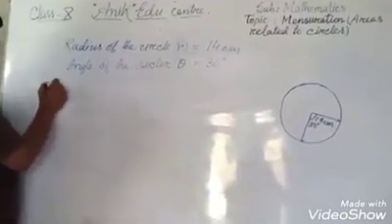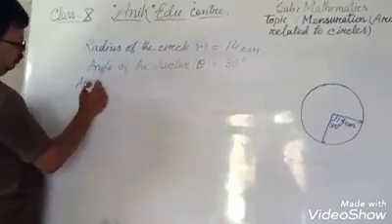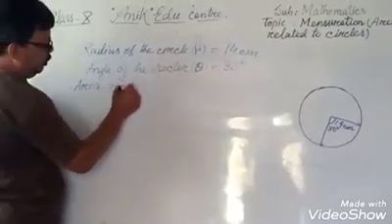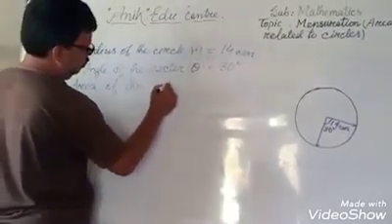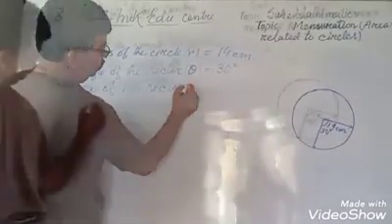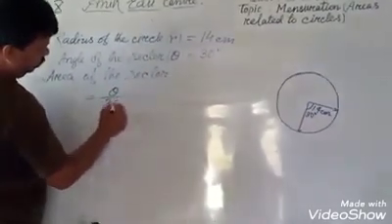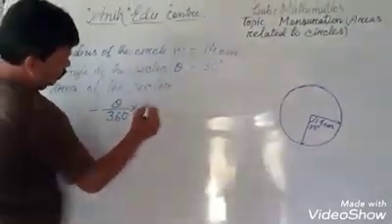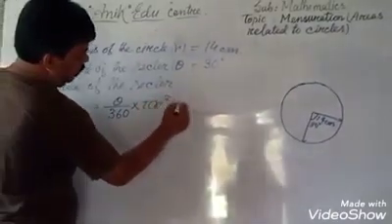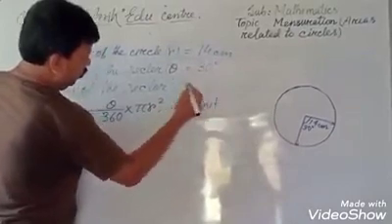Therefore, area of the sector is equal to theta by 360 into pi r square unit. Now put the values.